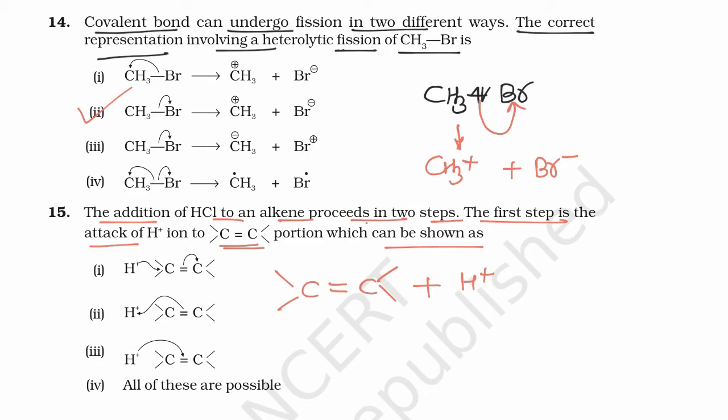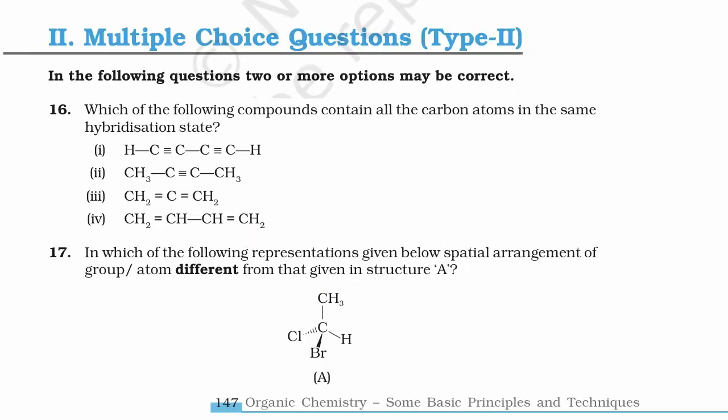So the alkene will donate a pair of electrons to H positive, and H positive will accept the pair of electrons to form a carbocation, and hence the correct representation of electron transfer is similar to the reaction given in second, and hence the correct answer is 2.